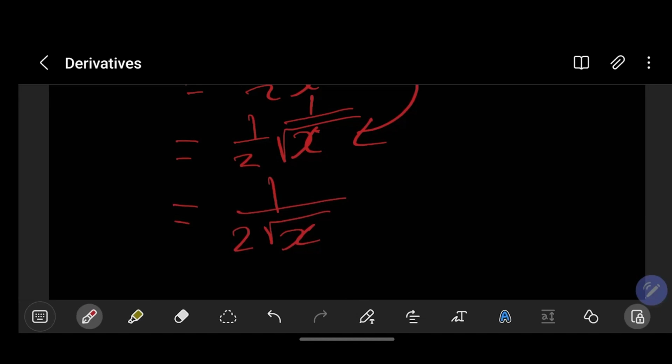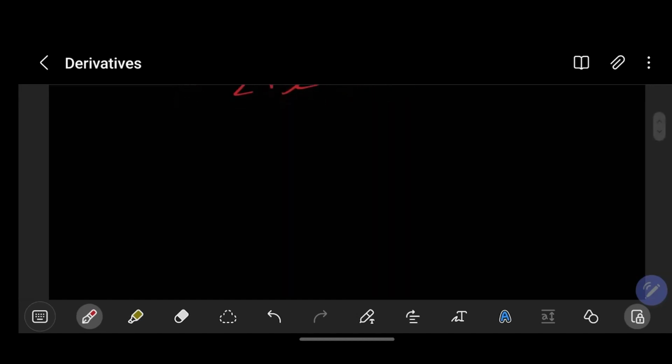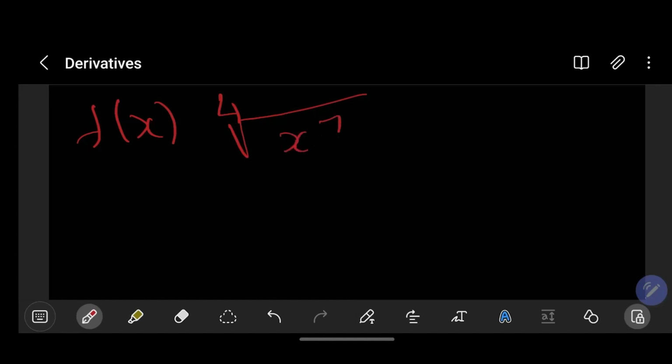Just need to try to get it into a format or a view that we can link to one of the rules. So let's take a similar example. Say we have f of x is the fourth root of x to the 7. So we can rewrite f of x as x to the 7 over 4.